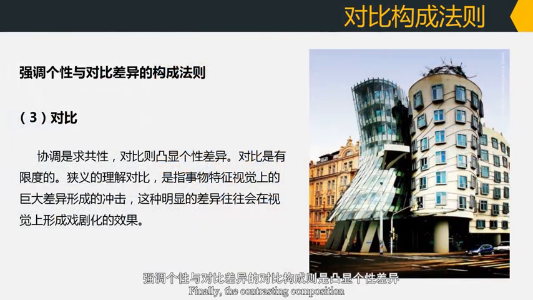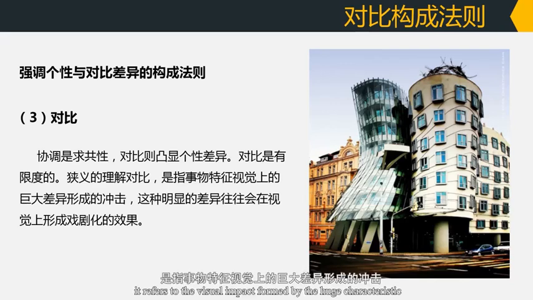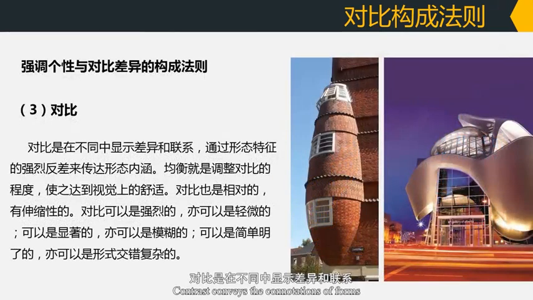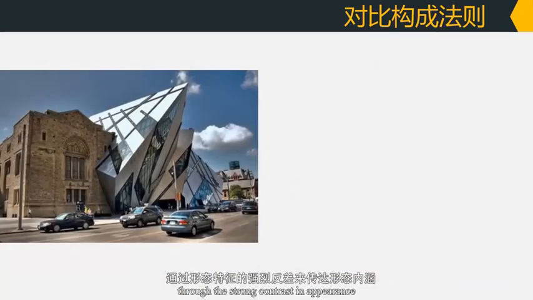Finally, the contrasting composition highlights individual differences. Contrast has limits. In a narrow sense, it refers to the visual impact formed by the huge characteristic difference in things. This obvious difference often creates a dramatic visual effect. Contrast conveys the connotation of forms through the strong contrast in appearance.